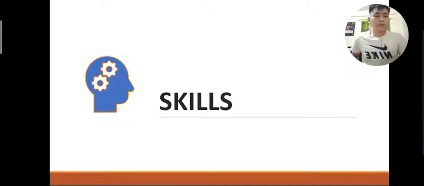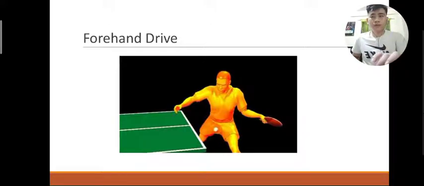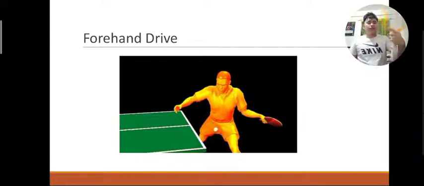So now let's move on to the skills. Forehand drive. I'm going to give you an example in this one. Let's say this is our table tennis racket, and we will see the difference: in this position this is the backhand, and in this position this is the forehand.